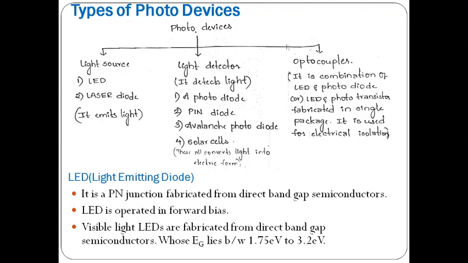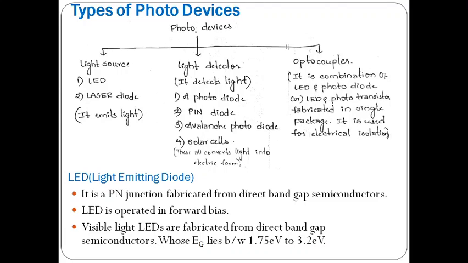The momentum of the electron is the same at any point. So these semiconductors are called direct band gap semiconductors. Examples of these direct band gap semiconductors are gallium arsenide, gallium phosphide, and gallium arsenide phosphide.